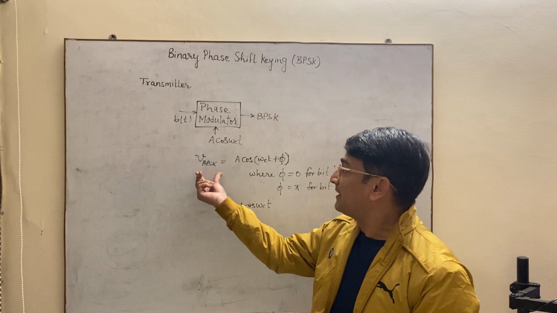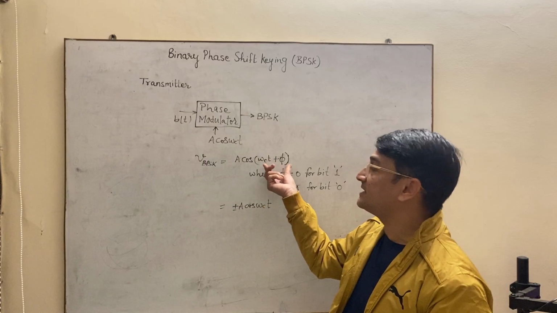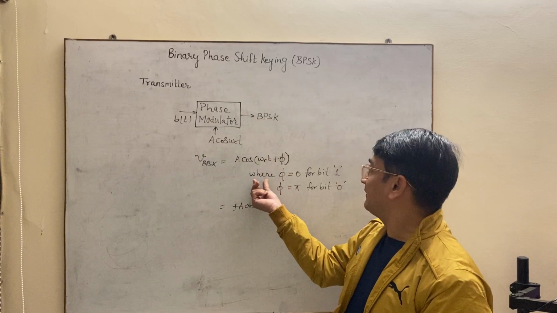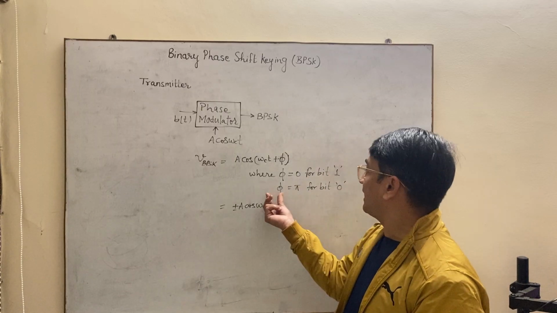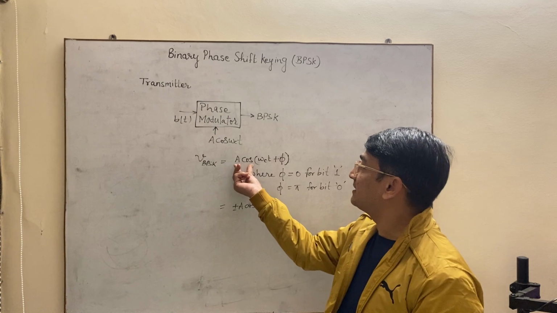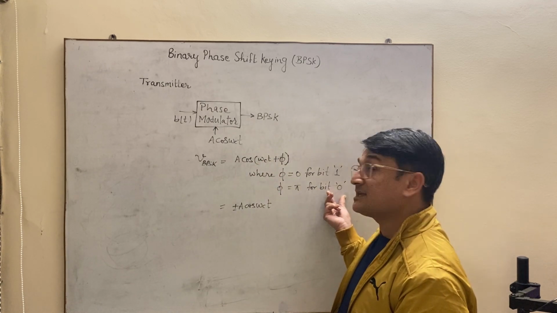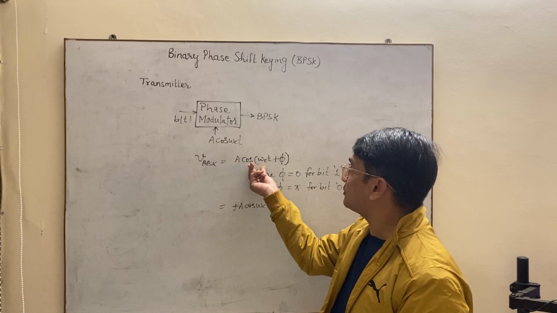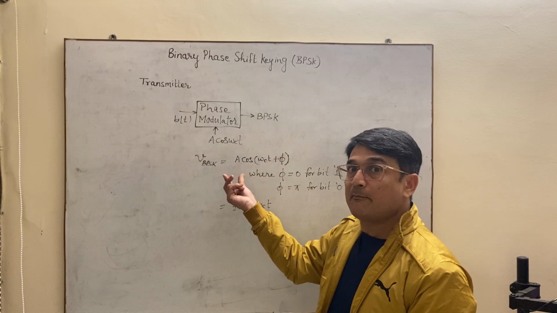So mathematically, how can you represent this BPSK signal? It is A cos omega ct plus phi, where phi is equal to 0 for bit 1, and phi is equal to pi for bit 0. So when phi is 0, your signal is A cos omega ct, and when your bit is 0, your signal is A cos omega ct plus pi. 180 plus theta will become minus theta.